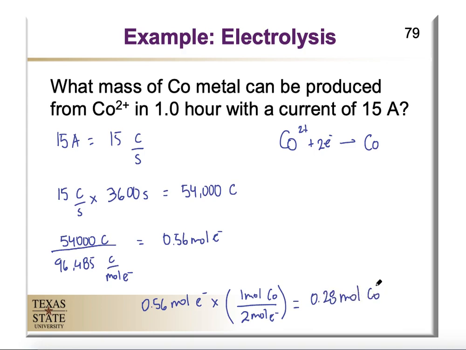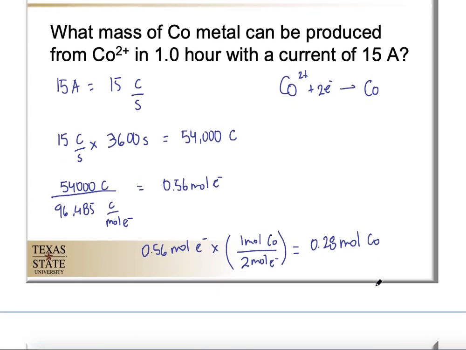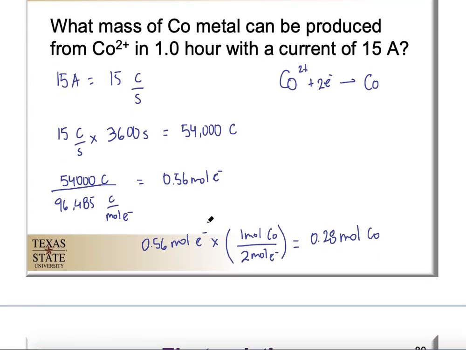And the last step is that I need to convert that into a mass. So I'm going to look at the periodic table and find the molar mass. Let's try that again. 0.28 moles of cobalt, and that's going to be multiplied by the molar mass.